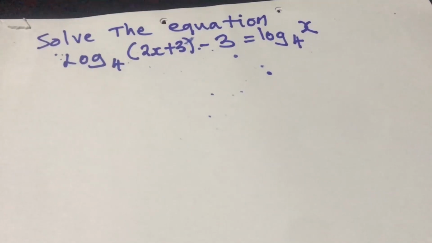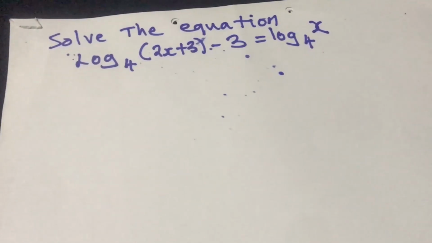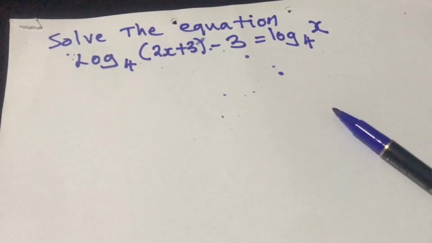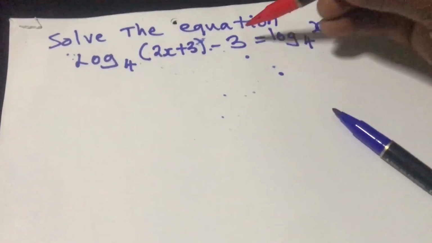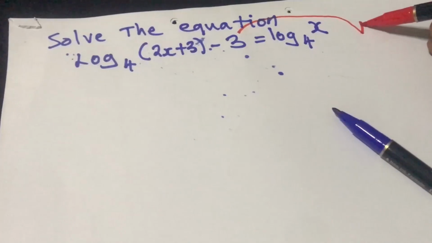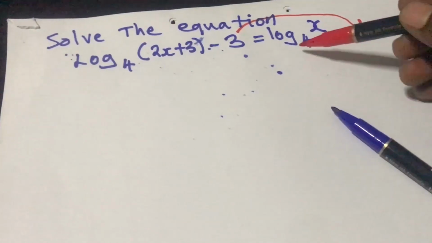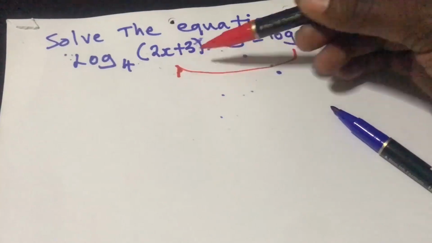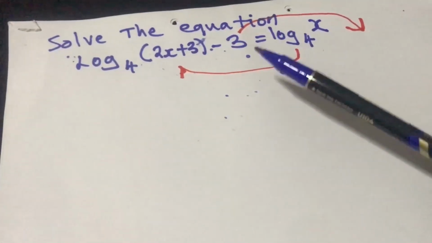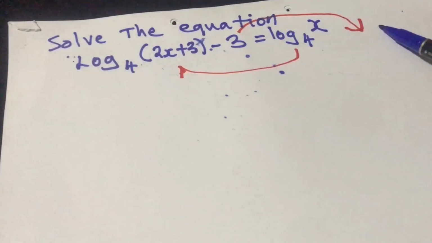So we've got this logarithmic equation. Solve log base 4 of (2x plus 3) minus 3 is equal to log base 4 of x. So here what you do is put like terms together. We want this 3 to come this side, and this log to come this side, so that the logs are together and the number is alone.